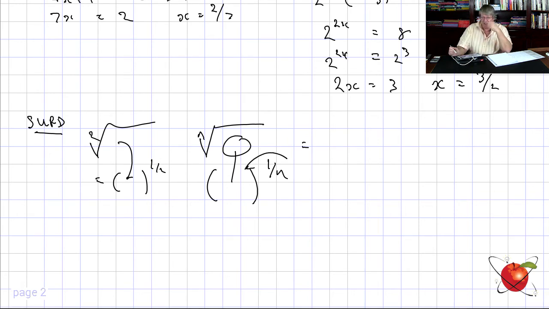Can you see the recipe coming back again? What we have to do with a surd equation is, let us say we've got this: the cube root of x squared is equal to, now let's just simplify this.